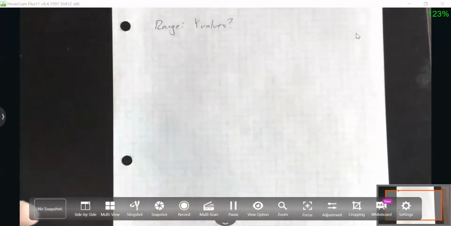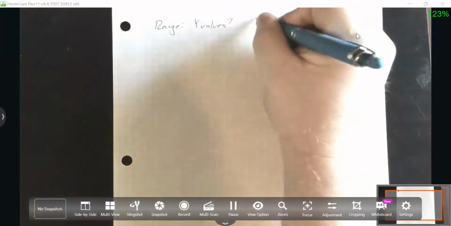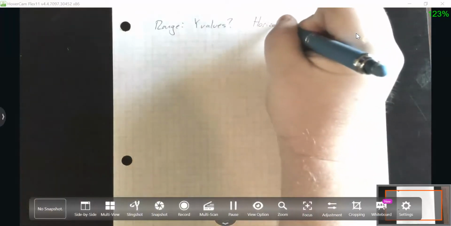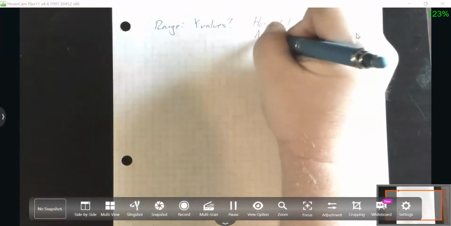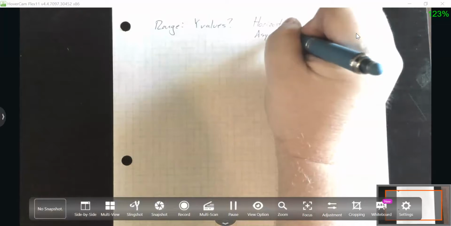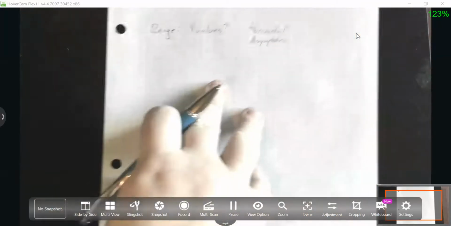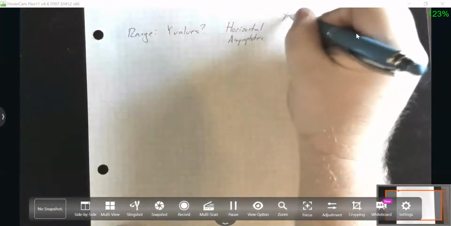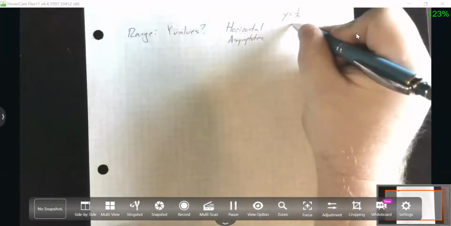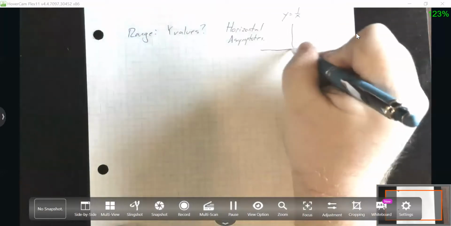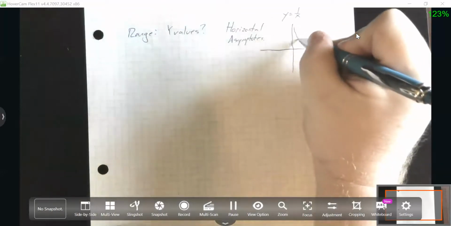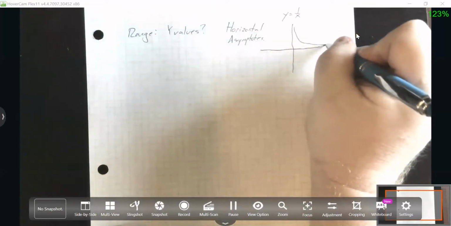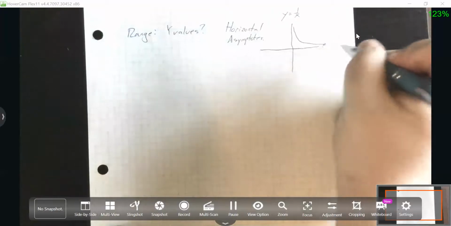Last time we had problems with range when we had horizontal asymptotes. When we have a horizontal asymptote, like when we did y equals 1 over x, for example, we had a graph that looked something like this, and it never actually came down to the bottom.